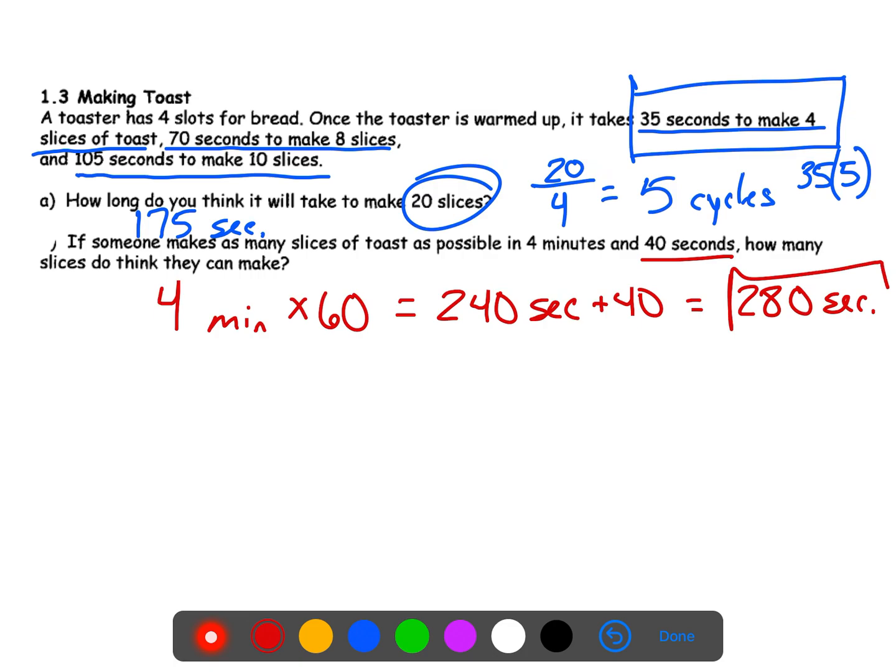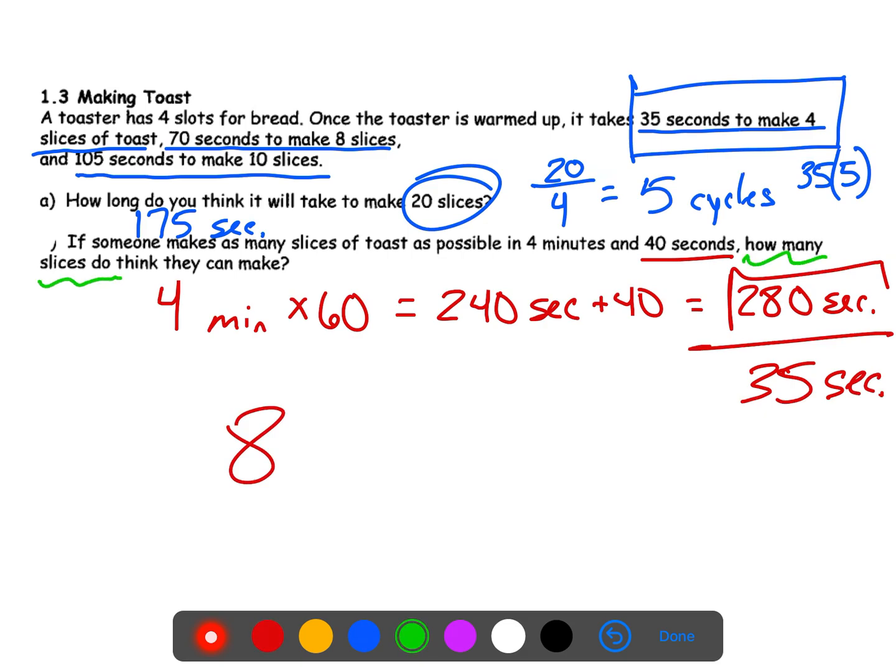Now we know the time it takes to run a cycle on the toaster is 35 seconds. So let's figure out how many 35-second intervals or cycles that toaster can run there. So we'll take 280 divided by 35, and that equals 8. We still haven't answered our question, so be sure you know what we're trying to answer.